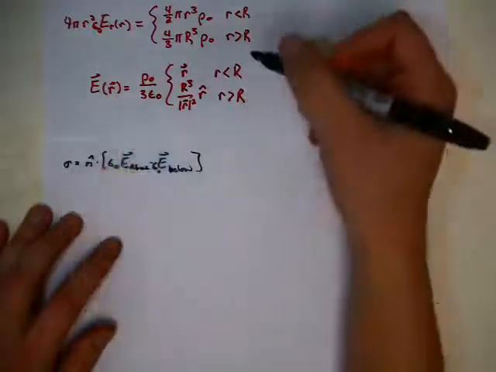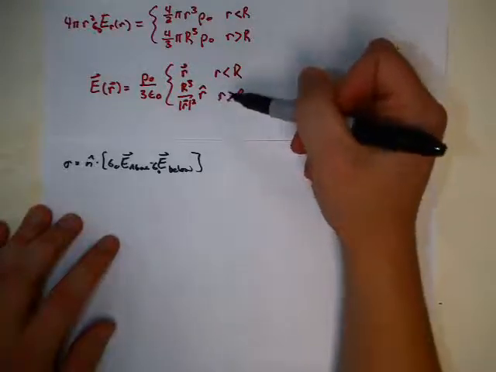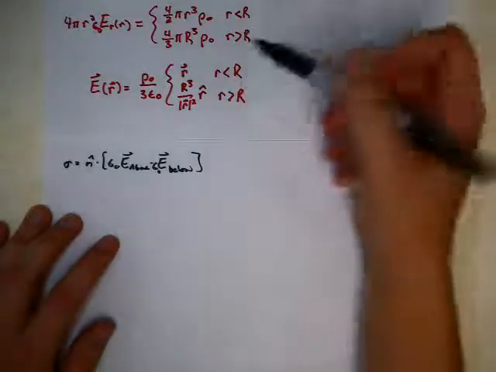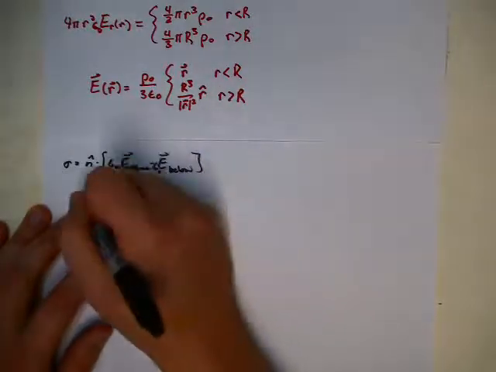So what we have to do is we look at E above. E above is for r greater than R, as we take the limit as little r goes to capital R. Luckily n hat is little r hat, so that is still going to be the same.